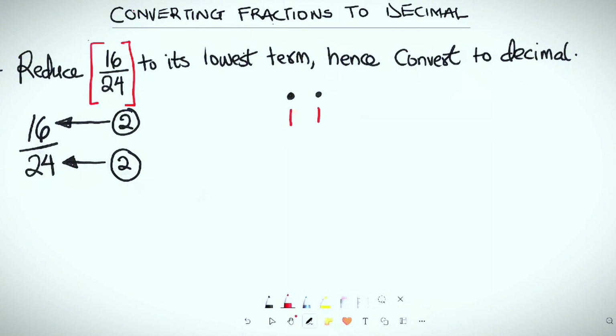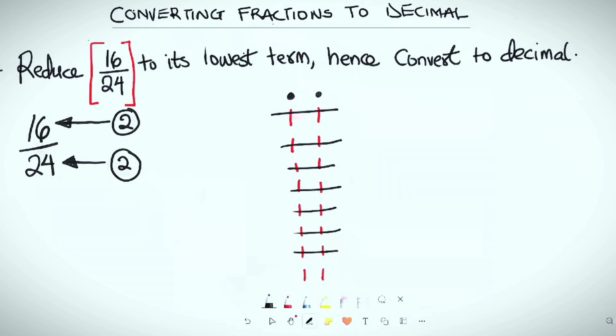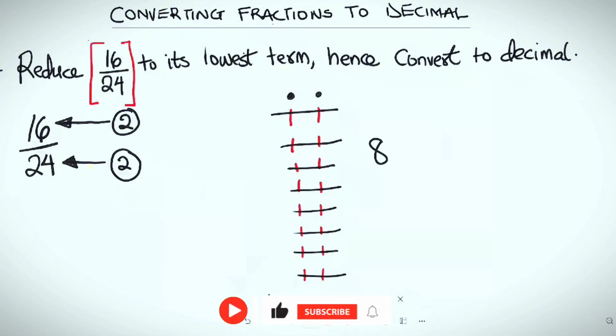1, 2, 3, 4, 5, 6, 7, 8, 9, 10, 11, 12, 13, 14, 15, 16, right? And then we'll begin to stroke them out. So let's stroke them out. 1, 2, 3, 4, 5, 6, 7, 8. It means that if 16 divides 2, we're going to get 8, right?